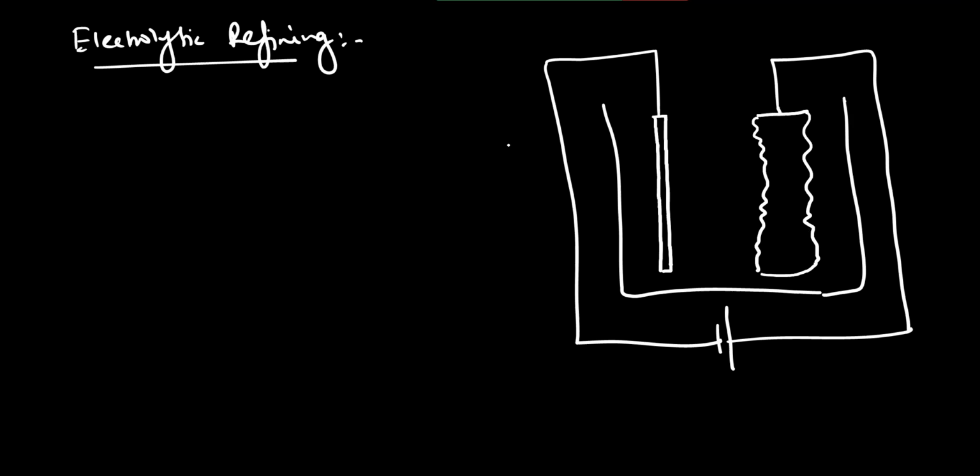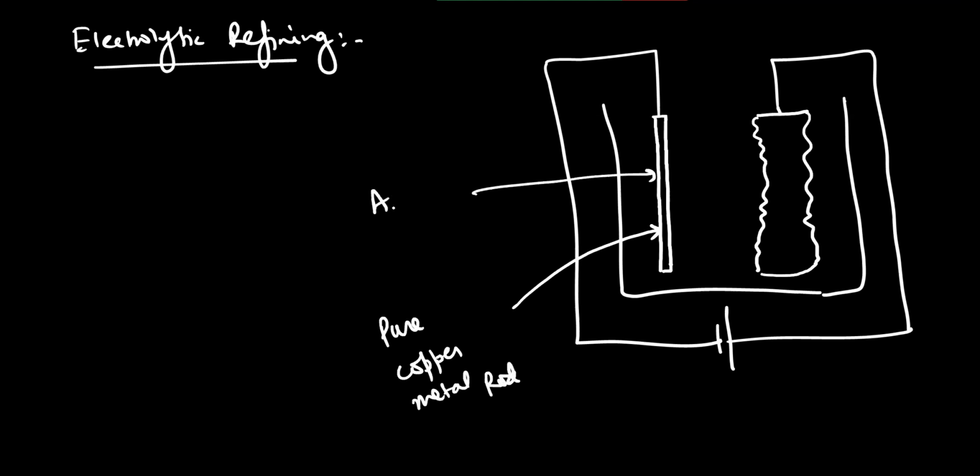So what happens in electrolytic refining? For example, if we are going to purify copper, we take a pure copper metal rod, and it should be at the cathode. Cathode is negatively charged.